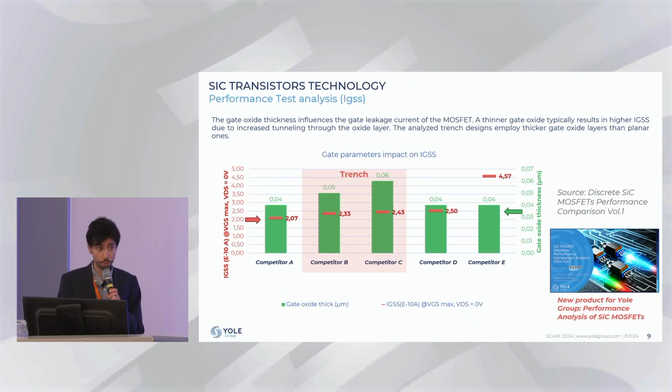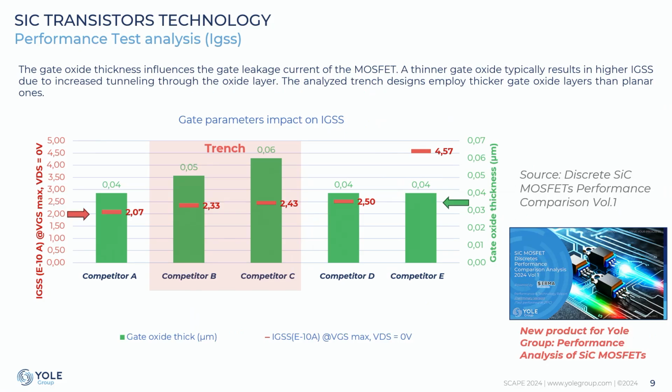Still talking about performance, I want to highlight here that for the first time at Yole Group, we are testing really different competitors of silicon carbide devices in our new product concerning performance analysis of silicon carbide MOSFET. We have the same test bench in similar test conditions, which is quite different and easier than just comparing data sheets from different players with not exactly the same test conditions.